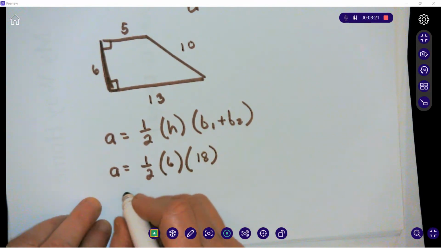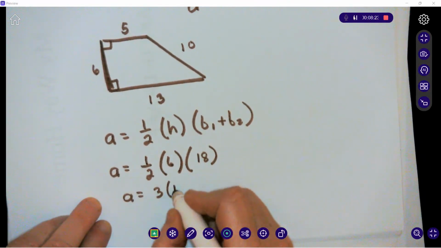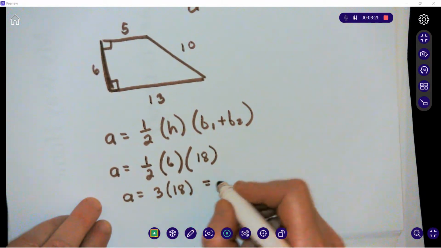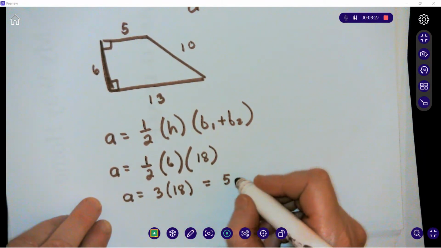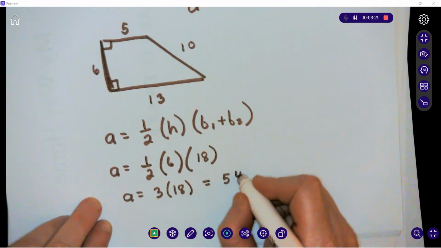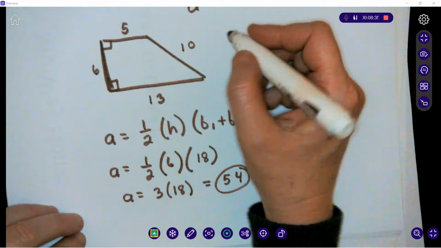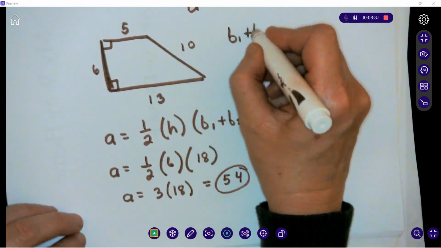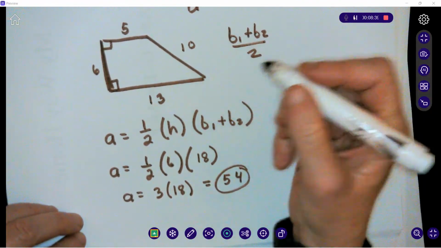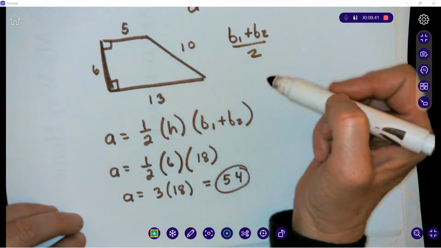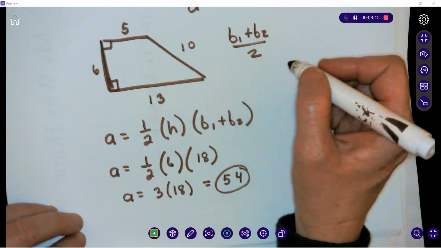So that means that it's 3 times 18. So the area of this trapezoid is 54. Okay. They might also ask you what the median of this trapezoid is. Remember that the median is just the two bases divided by 2. So in this case, it's 13 plus 5 divided by 2, which would be 9.